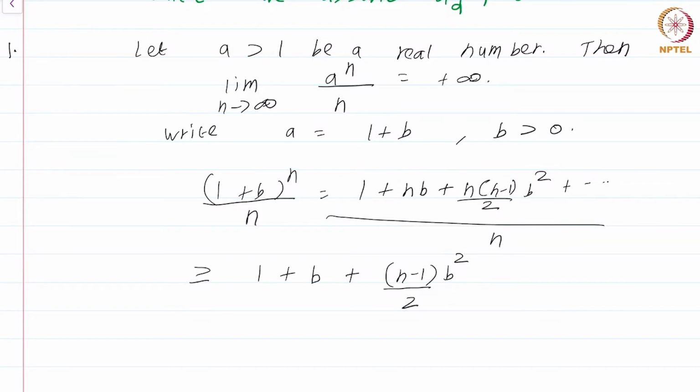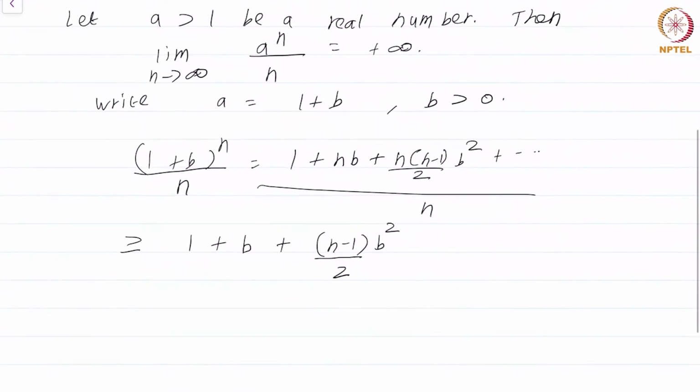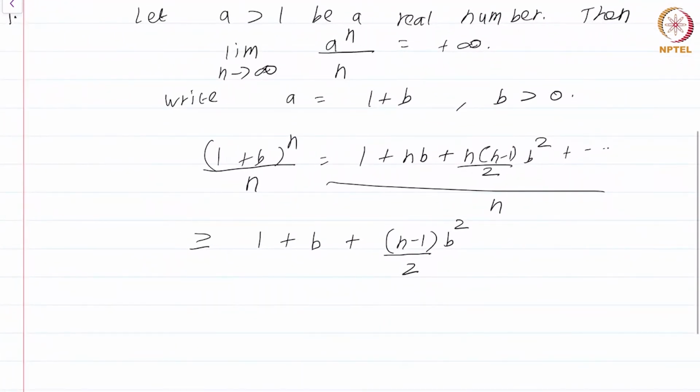So I'm ignoring all the other terms. I'm allowed to do all this because every single term here is positive, and this is certainly going to be greater than or equal to (n minus 1) b squared by 2. And this last thing converges, or rather diverges to plus infinity. So this shows the claim.